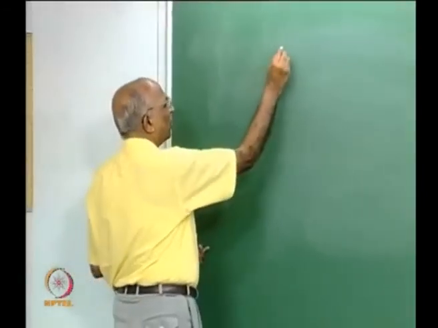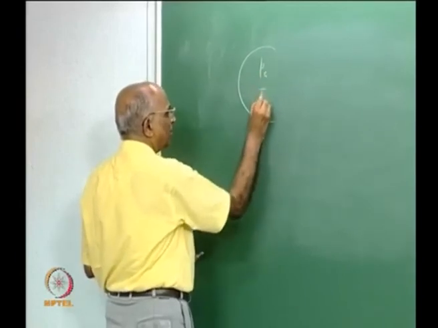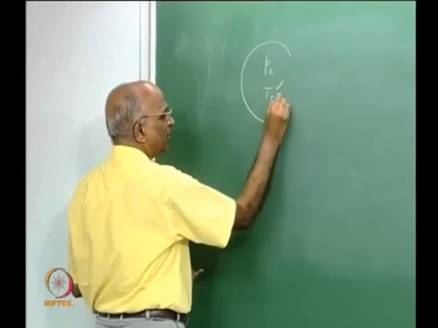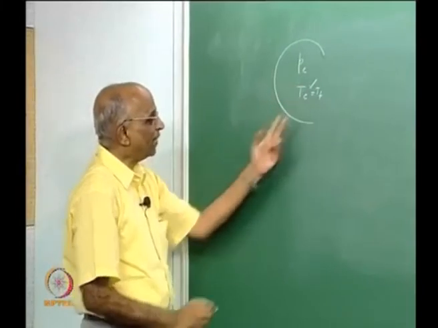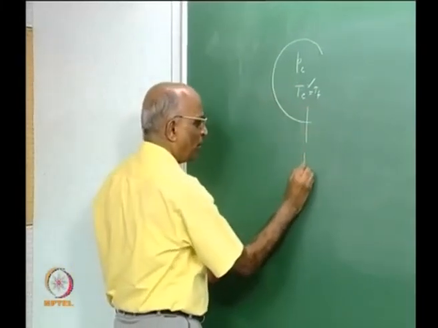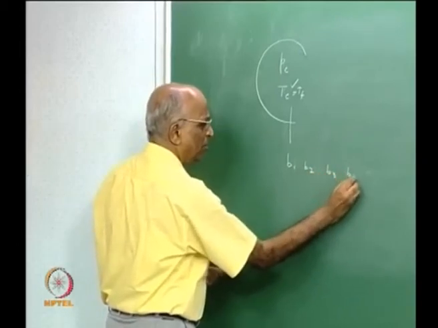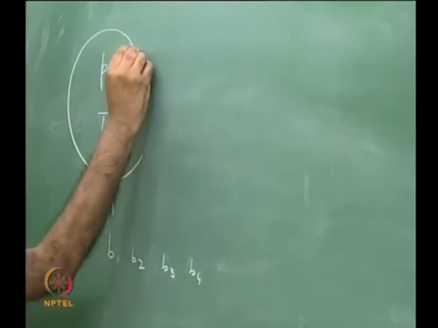What we have been talking of, we have a combustion chamber wherein the pressure is Pc, the temperature is Tc. We now know how to calculate Tc, which we said is the adiabatic flame temperature. We also know at this adiabatic temperature what is going to be the proportion of the products B1, B2, B3, B4 and so on. All these products come from the combustion chamber.